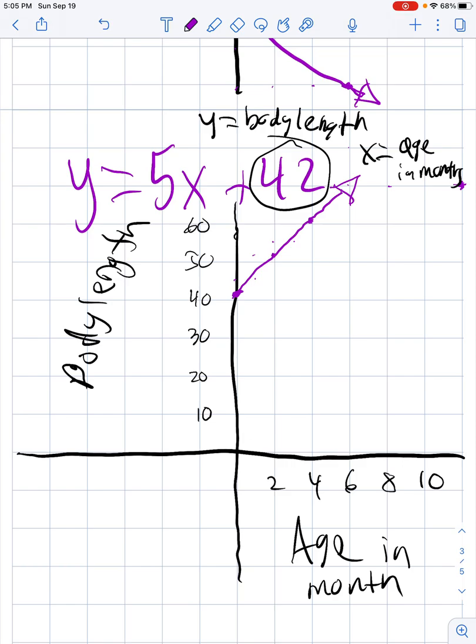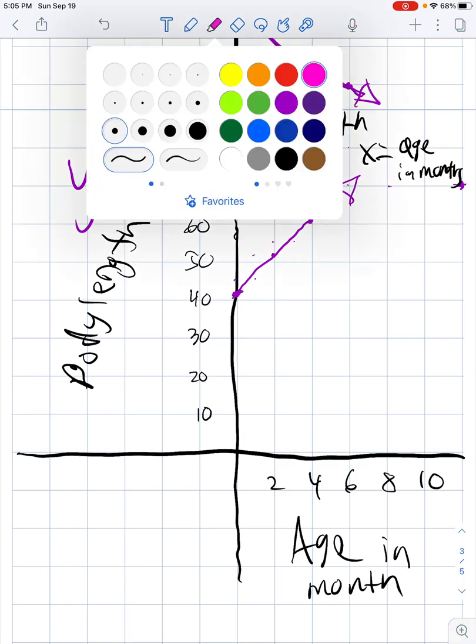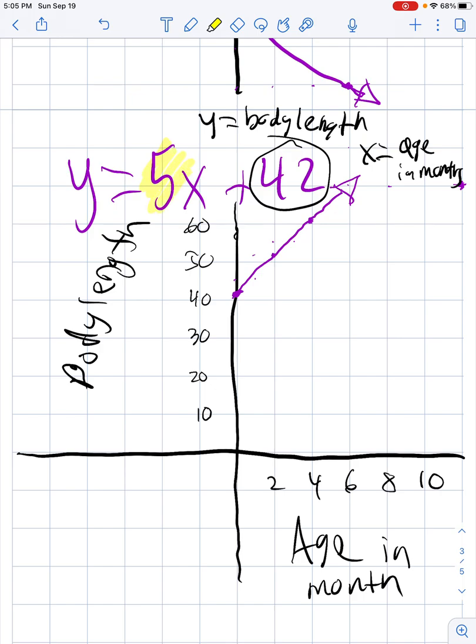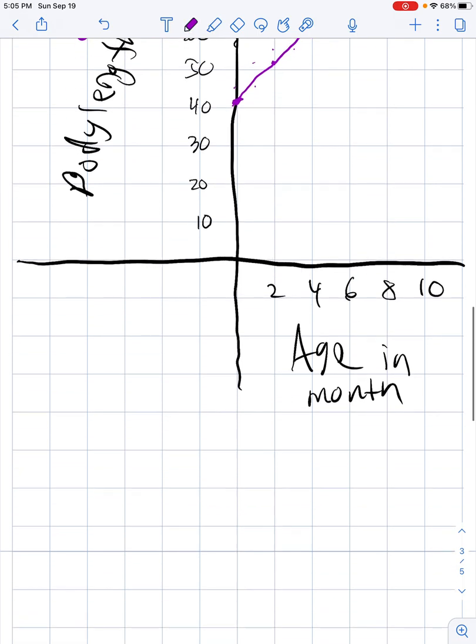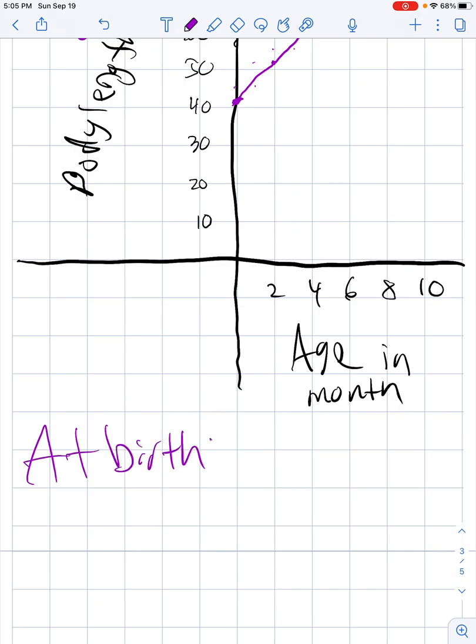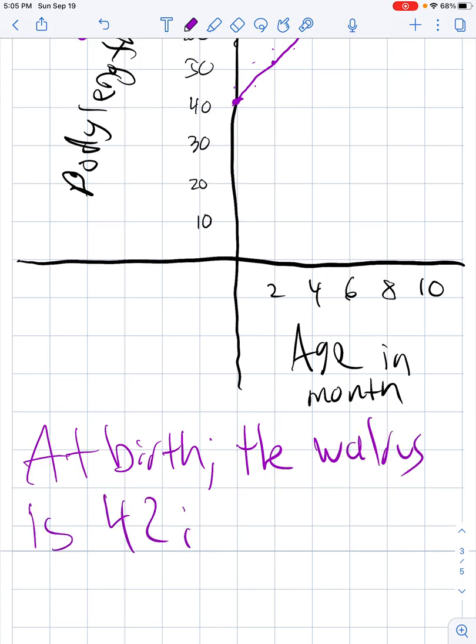So interpret the slope and y-intercept. Again, my slope is 5, and my y-intercept is 42. That means that at birth, at age 0, the walrus is 42 inches long, and the slope is 5.